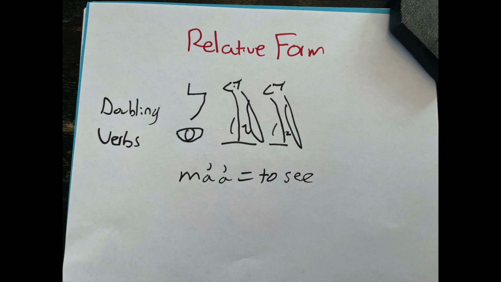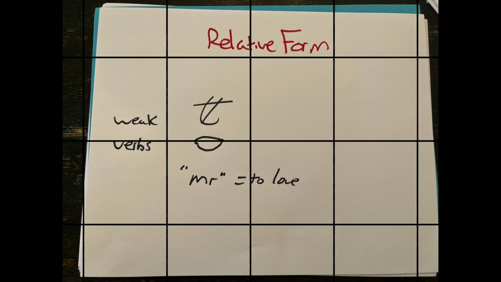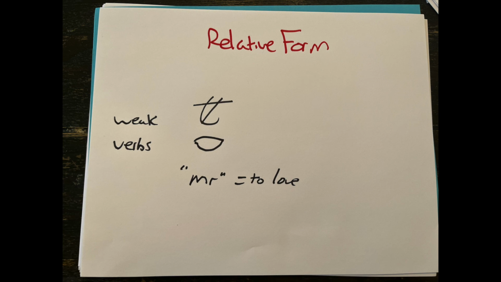For doubling verbs, ma'a, to see. So once again, we're also going to add a T, and we're going to add a pronoun or noun. And again, I'm just going to keep using the pronoun for he, the horned viper, but you could be using anything. Bolt of cloth for she, the proper name, the king, the vizier, the snake handler. All right, weak verbs. Here we have the word to love, mer.